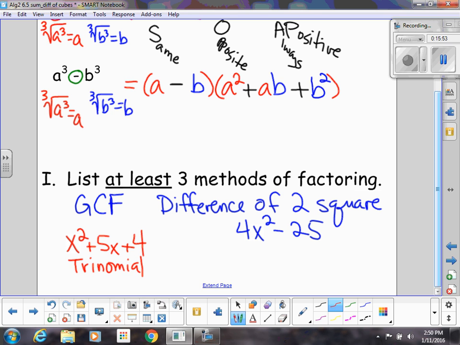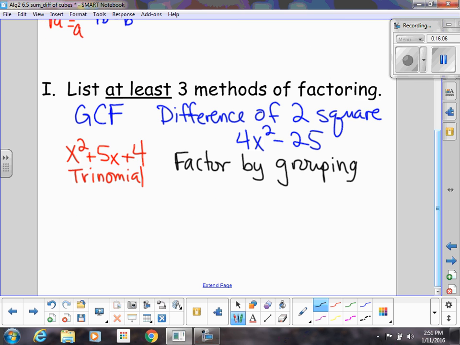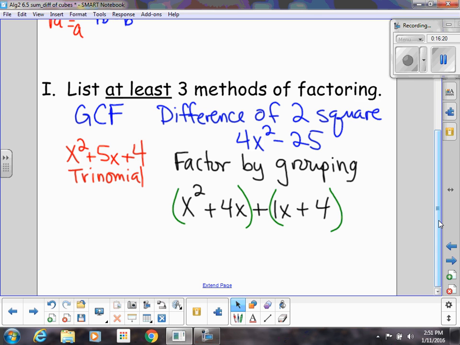You might have remembered factoring by grouping, when we split up that middle and grouped the first two and the last two. Remember doing that? And then we did the GCF. So those are 4 ways that we have done so far.